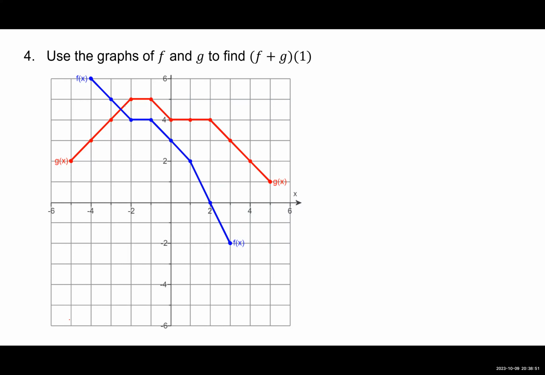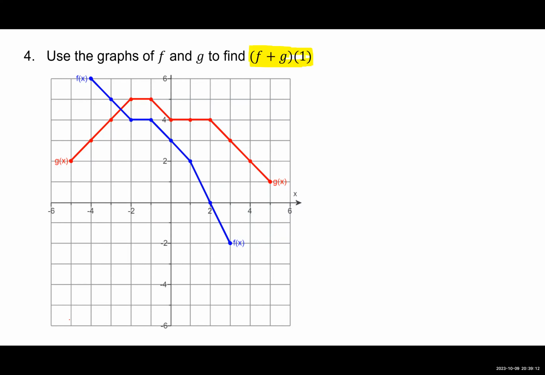So we'll use the graphs of f and g. So f is the blue graph. So that blue graph you see is the f function, and the red graph is the g function. And what we want to do is find f plus g of 1.